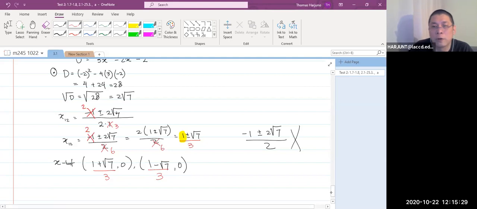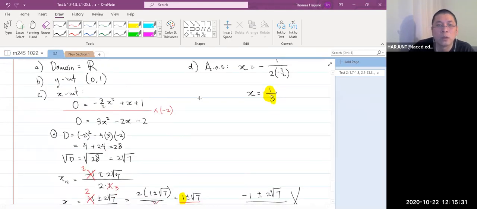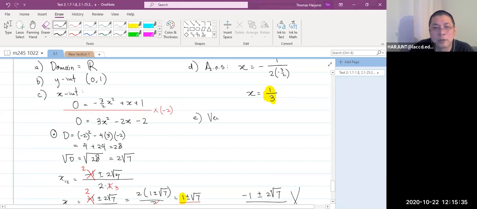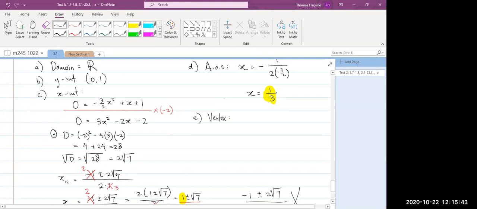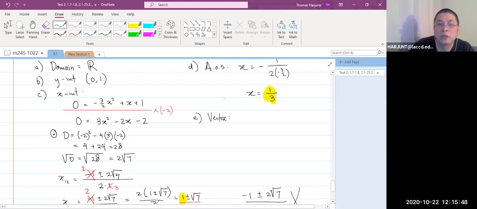Okay, going further. How about the vertex? Professor, I have a question. Uh-huh. How did the 1 plus a negative square root of 7 happen? I factor the 2 on the top.